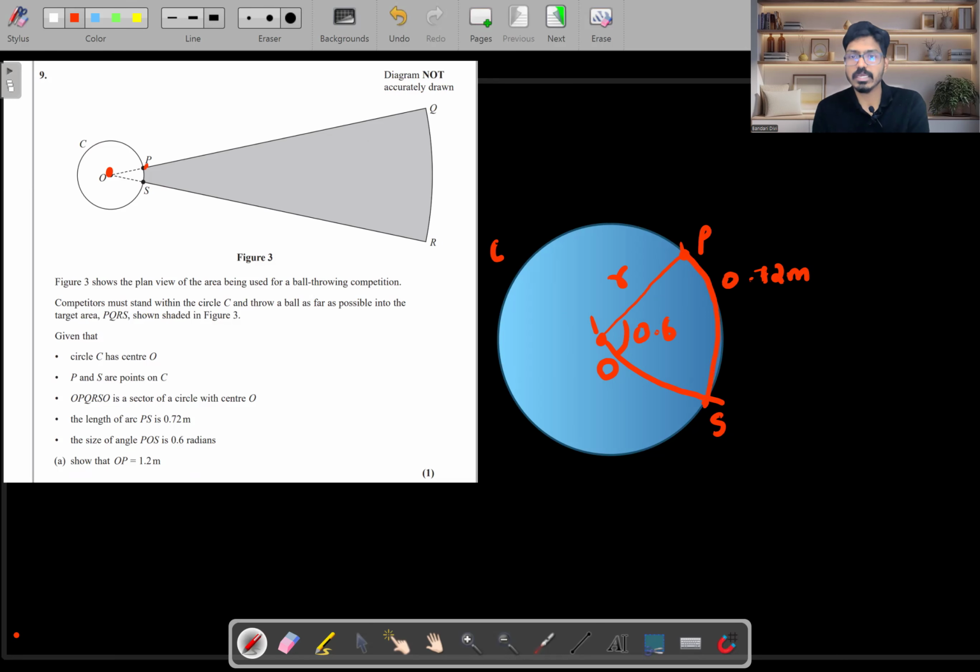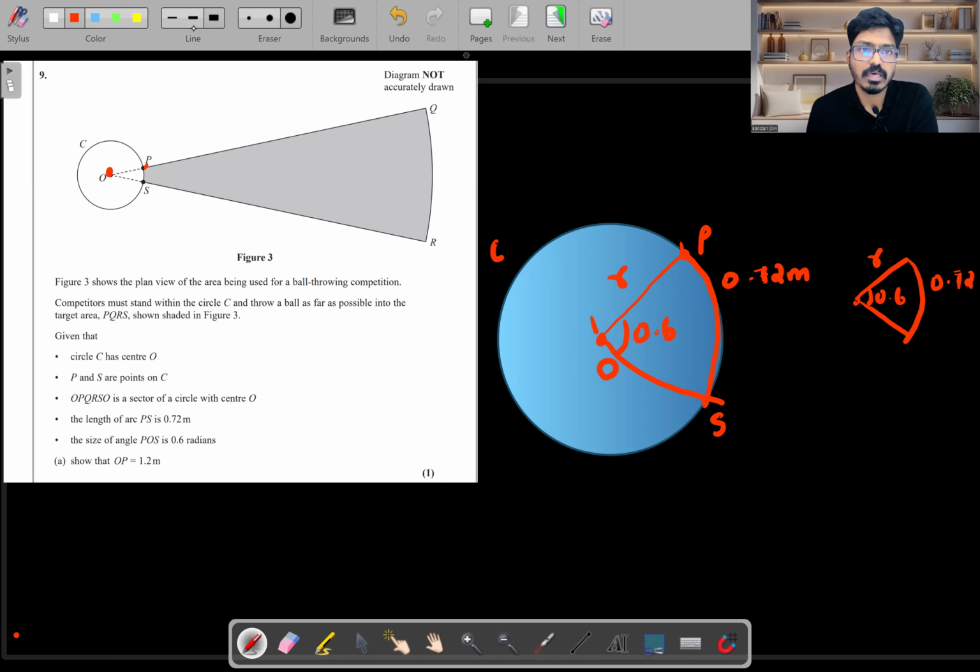So whenever an arc length is given, and this is the sector, and this is our arc length, which is 0.72, and they have given the angle, which is 0.6 radians, we need to calculate the radius of that particular sector.